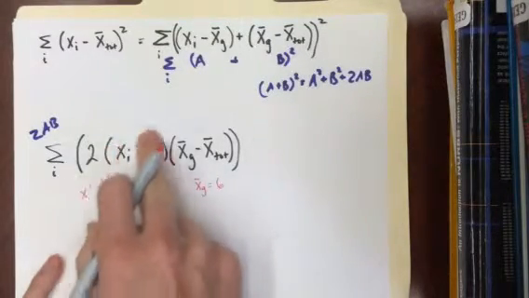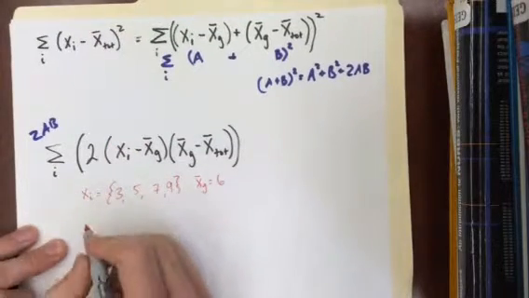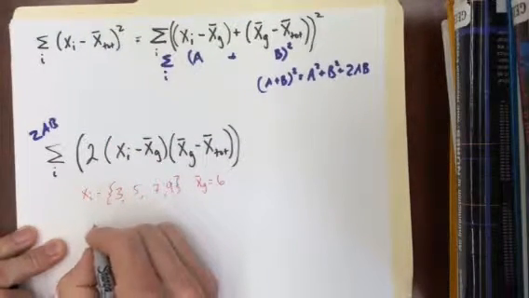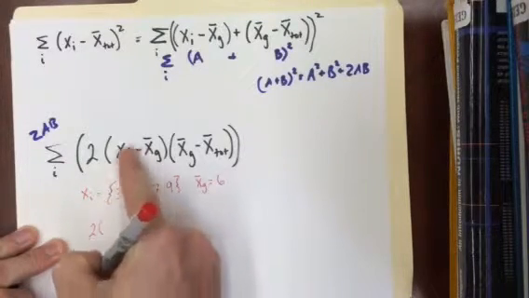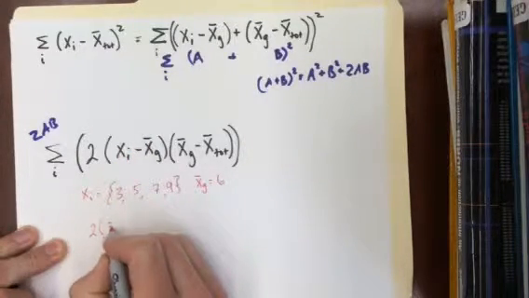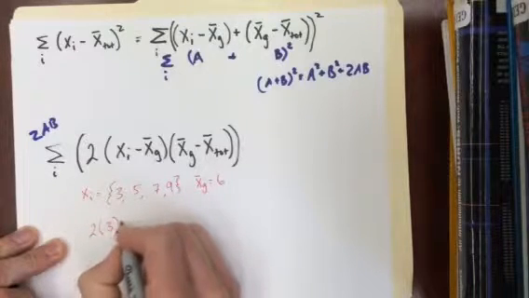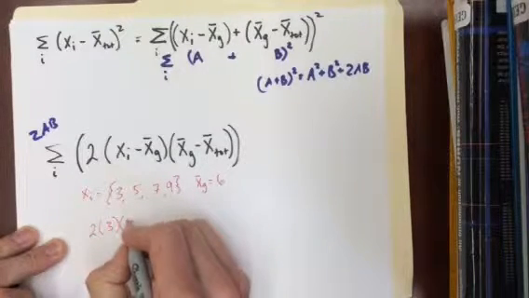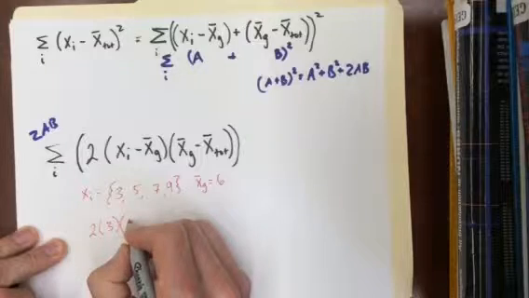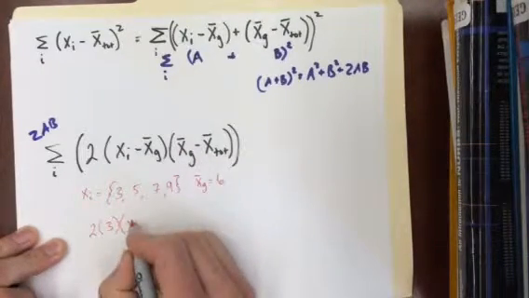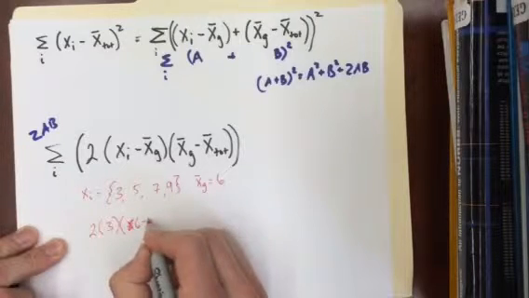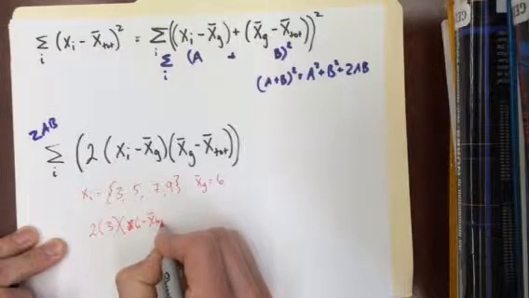Now let's think about what this term is for this example. So we have 2, just working with 3 first, 2 times 3 times, well, I was going to write down this term, but in this case we know what xg is, it's 6, so I'll just write 6 minus x bar total.